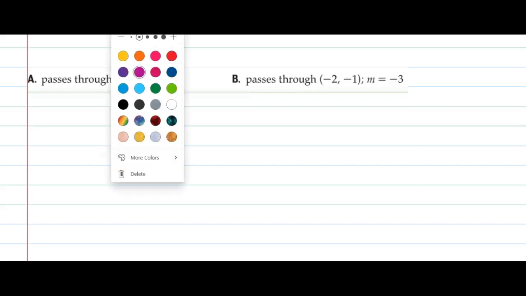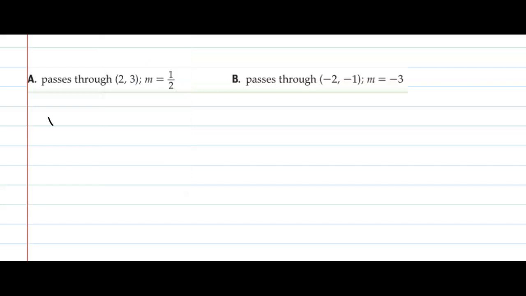Let's practice using point-slope form with 2 more examples where we are given a point and a slope. What would this be simply in point-slope form? Y minus y equals m times x minus x. And we're going to put here.